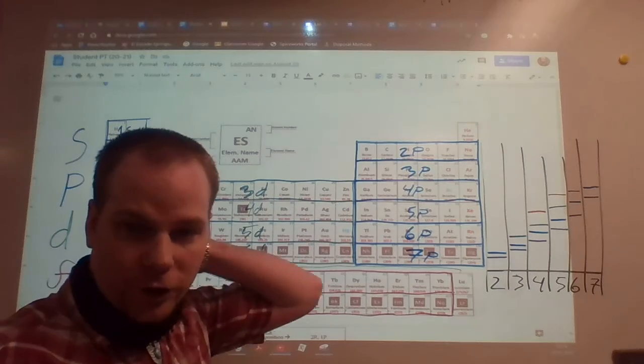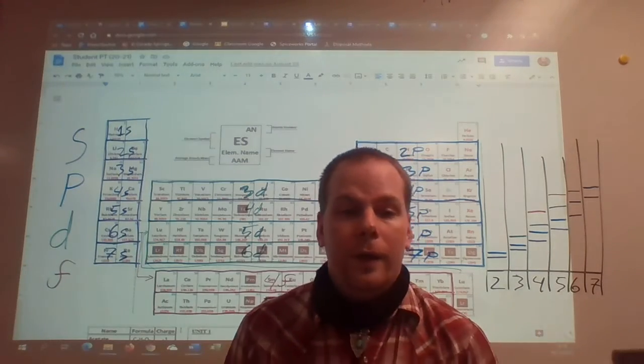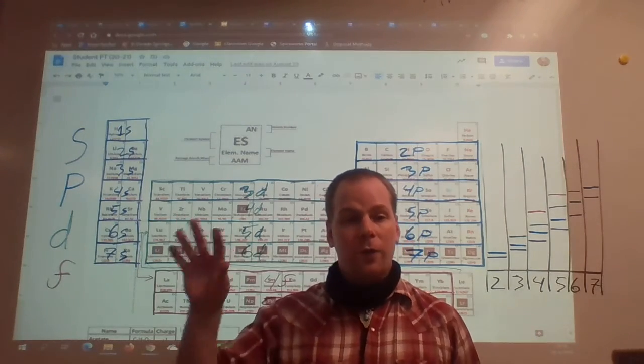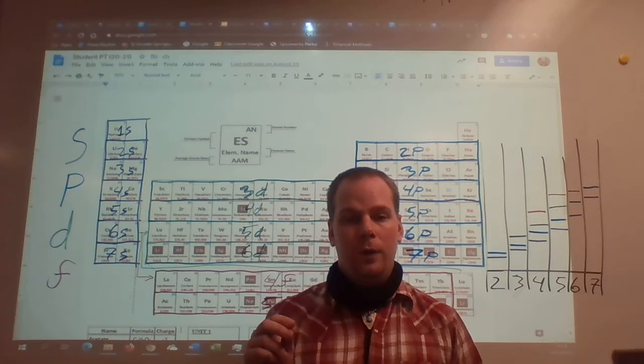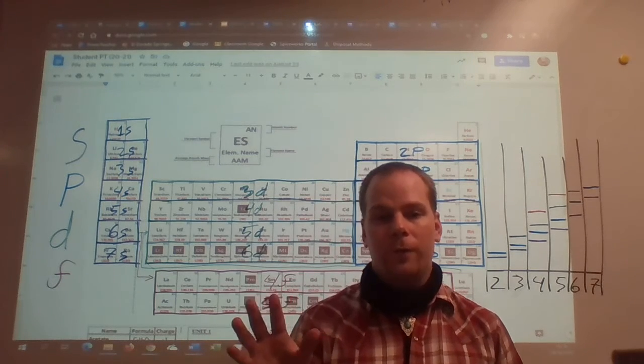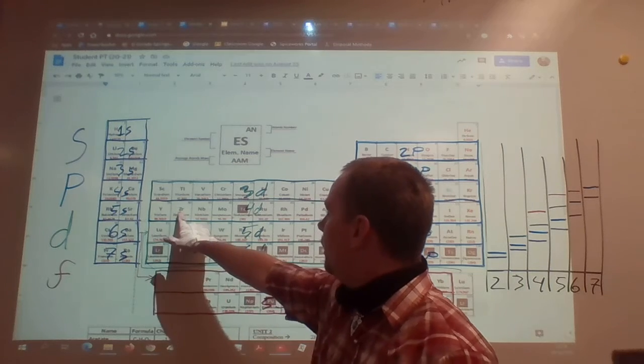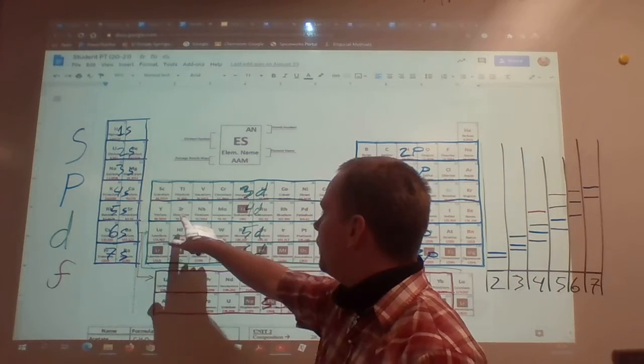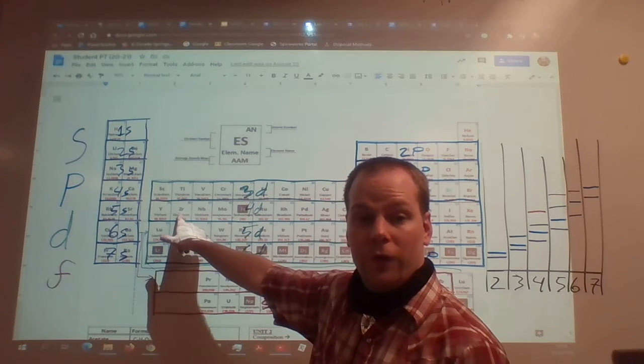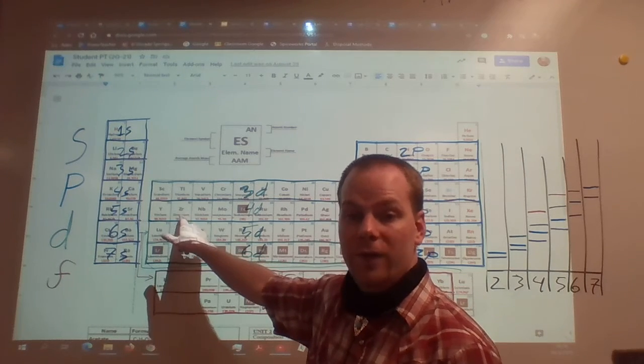Okay, this is where our shorthand starts to come in. Now, this gives us the first two parts of our electron configuration for the shorthand. Zirconium is in the 4D section, so its first two characters are going to be 4D.